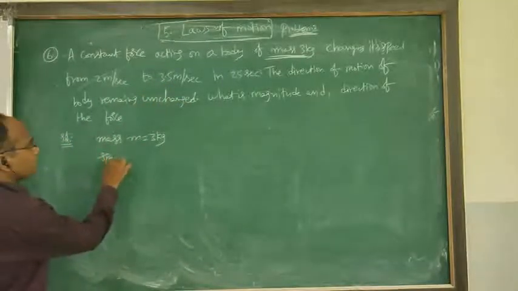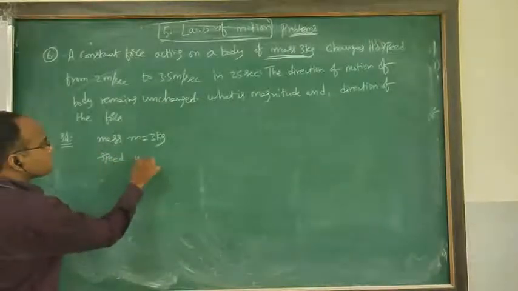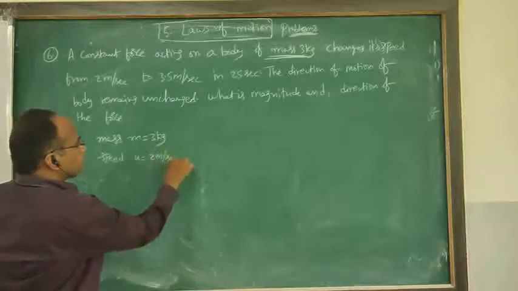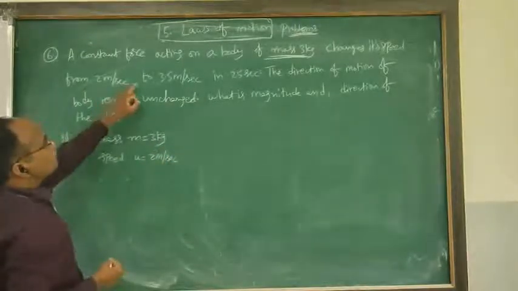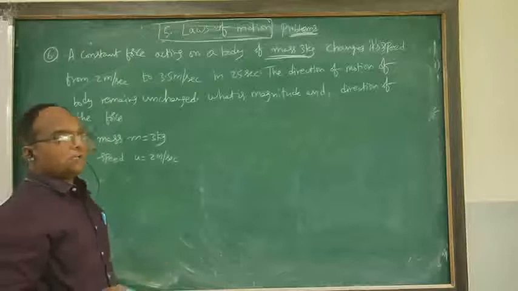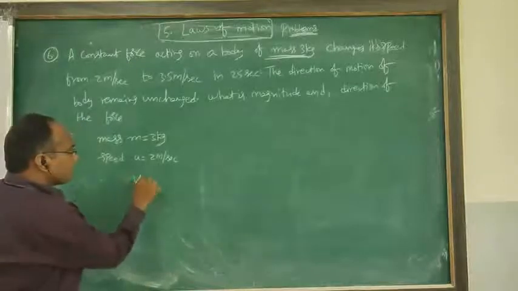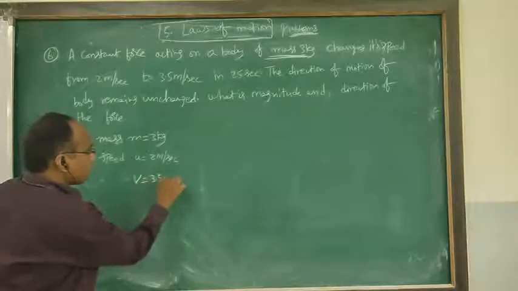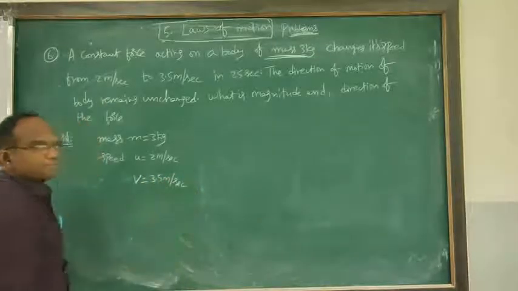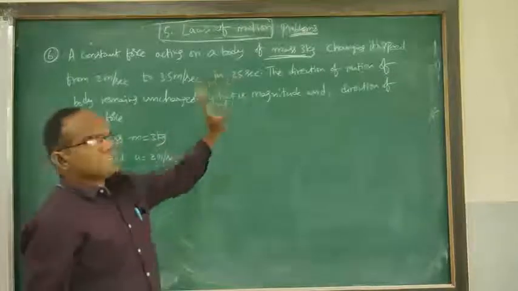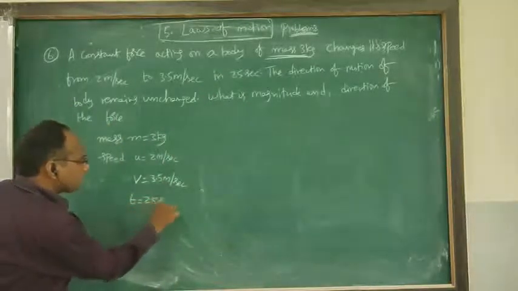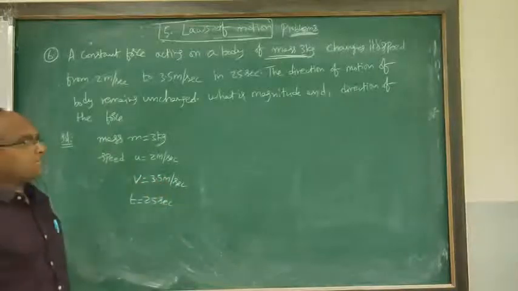The initial speed given is 2 meter per second, and the final speed is 3.5 meter per second. In 25 seconds means time: t is equal to 25 seconds.